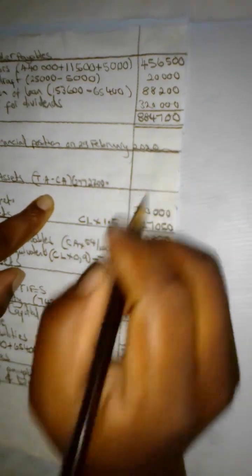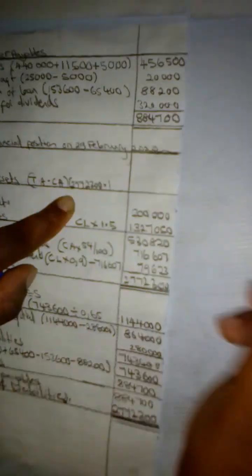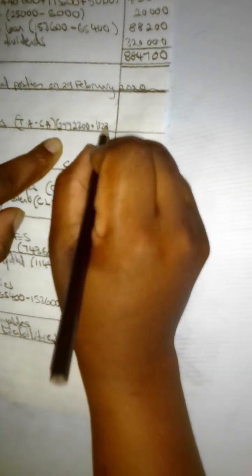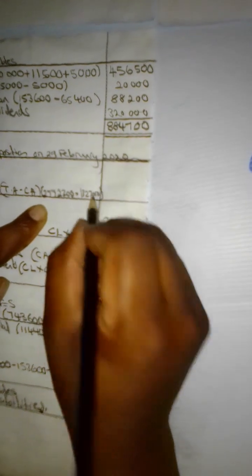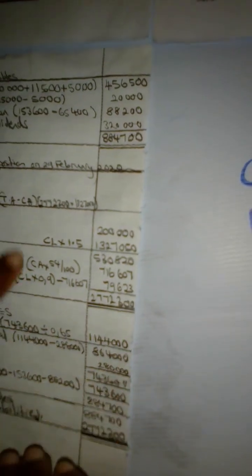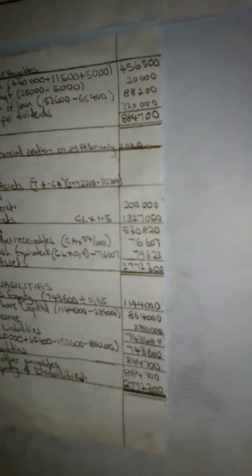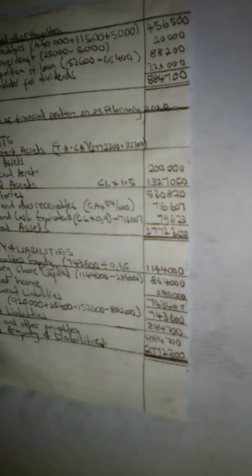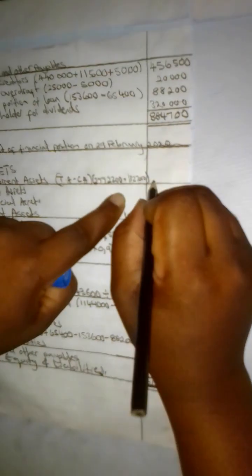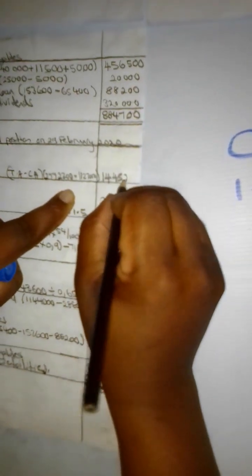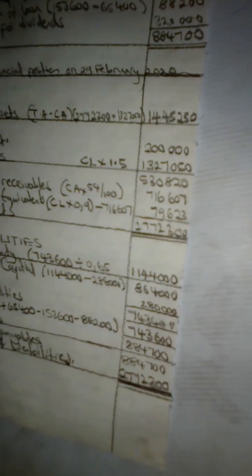Sorry, the amount is a little bit smaller, but remember I said it's total assets minus the total for the current assets. So we are going to remain with something like 1,445,250. That is the amount for the non-current asset.